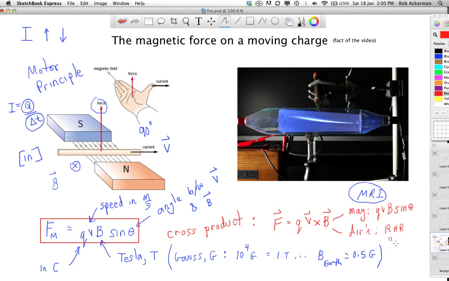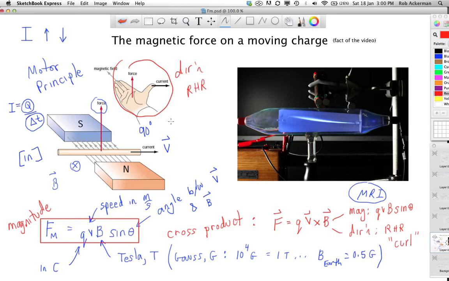You do what's called a curl. For those of you who have no idea what I'm talking about because you haven't taken grade 12 calculus and vectors, all you got to do is remember that this formula gives you the magnitude of the magnetic force, and the direction is given by right-hand rule number 3, which we've already learned.